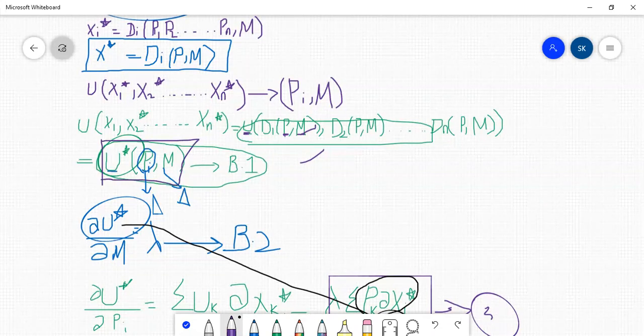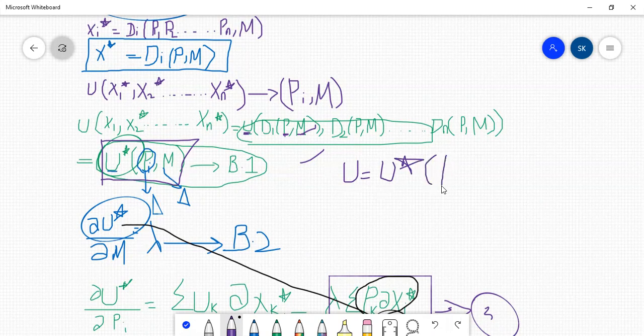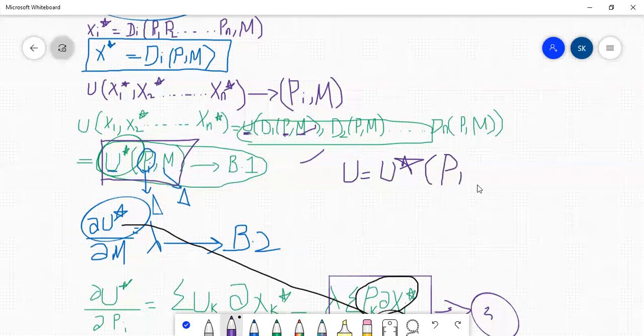From the indirect utility function, we can get the expenditure function. The indirect utility function is U is equal to U star into P, M. Now what will we do?